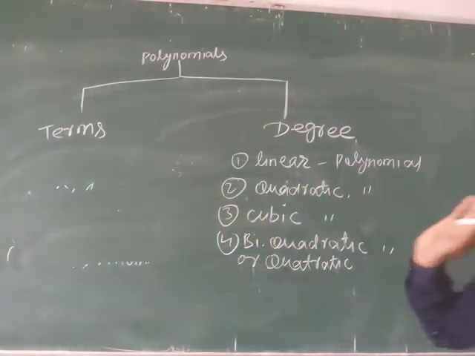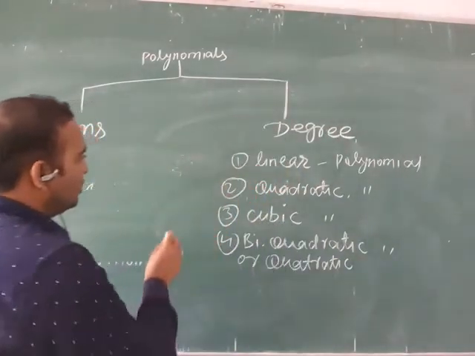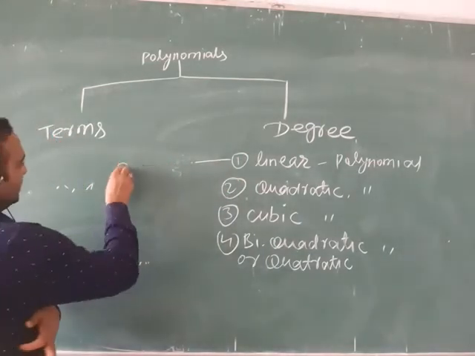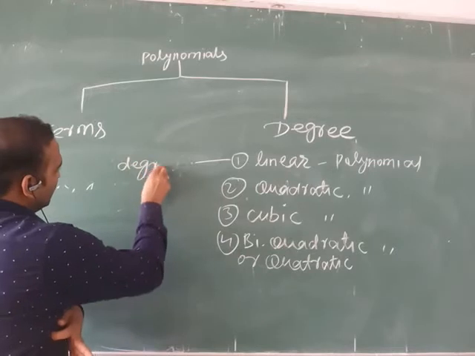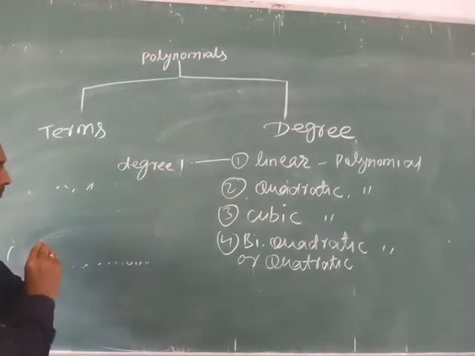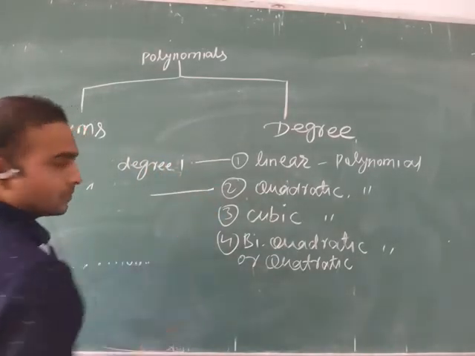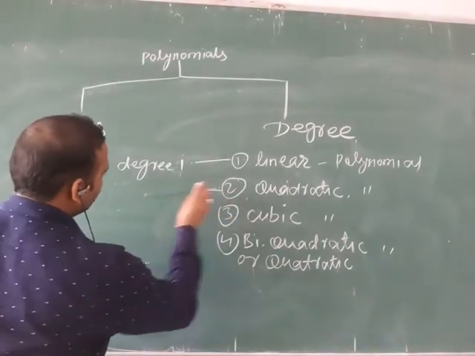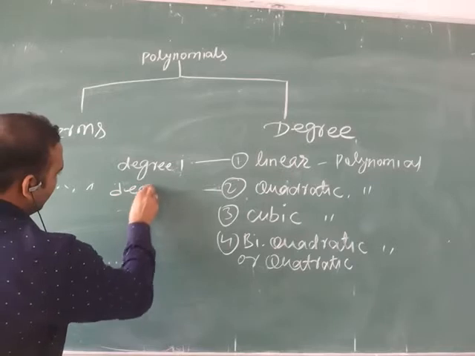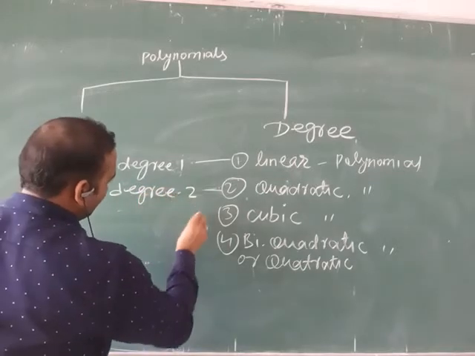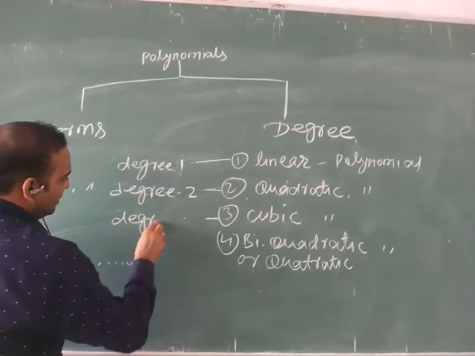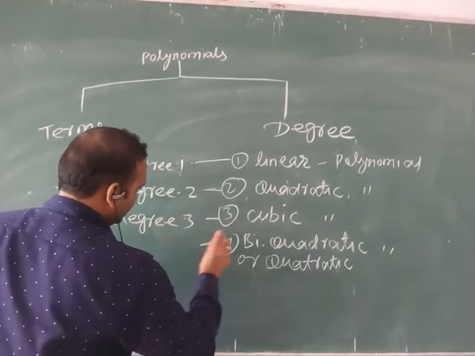One by one, what is a linear polynomial? Linear polynomial means degree 1. Quadratic polynomial, degree 2. Cubic polynomial, degree 3.